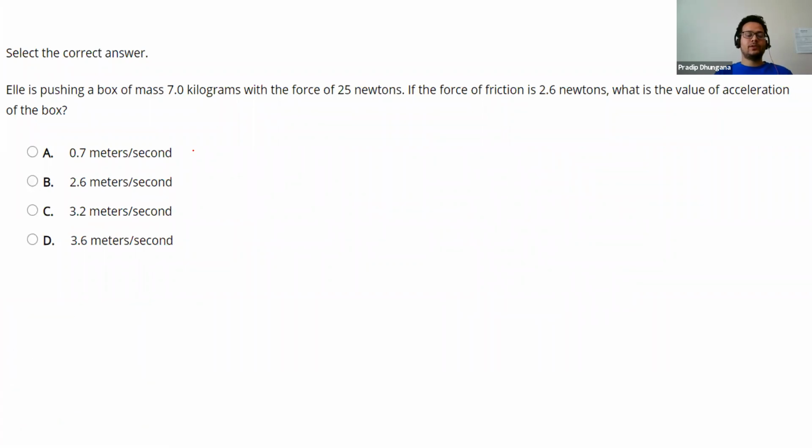In our next question, Ellie is pushing a box of mass 7 kilograms with a force of 25 newtons. If the force of friction is 2.6 newtons, what is the acceleration of the box?